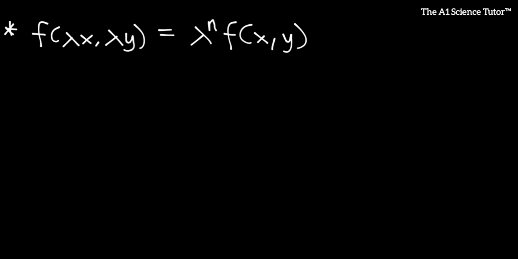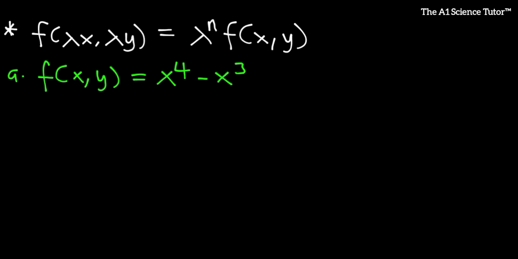So let us try some examples. Let's say you were given this example: f of x comma y is equal to x to the fourth minus x to the third y. You are asked to find whether or not it is a homogeneous equation. So let us try to do it.